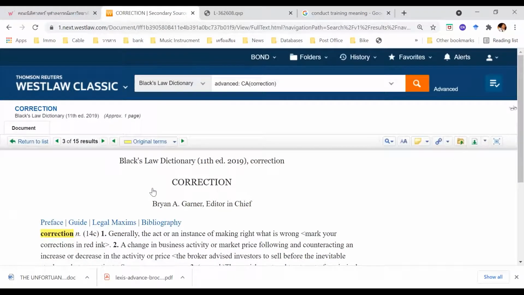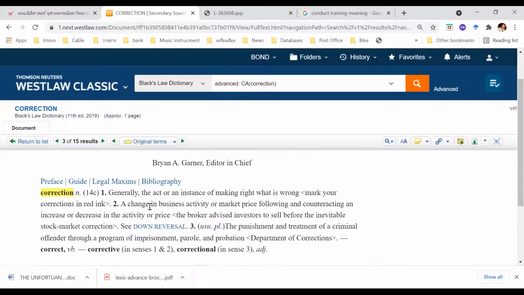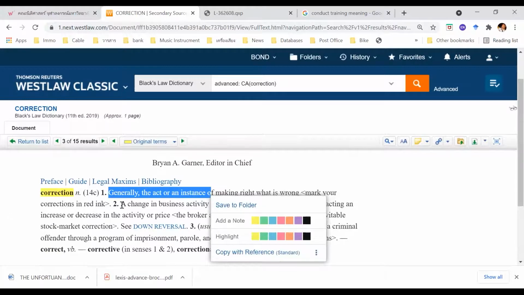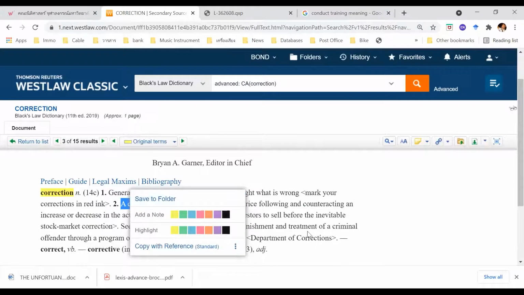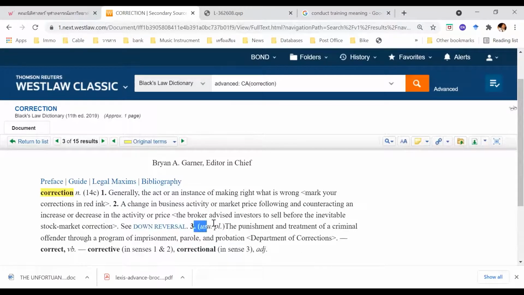The dictionary provides three different meanings. The first one is the general meaning, from the general dictionary. The second and third meanings, the one that matters to me, is punishment. So they were asking me how many documents relate to punishment, maybe capital punishment or another personal punishment.